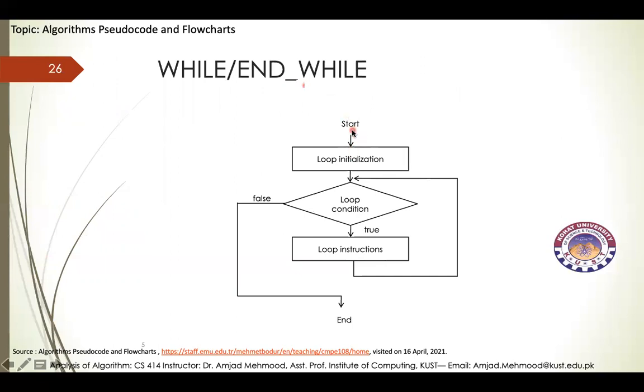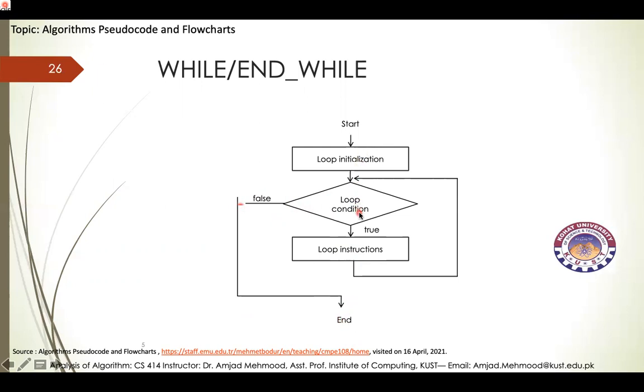You can see that you have start, then initialization. Here is the condition which needs to be true if you want to execute this block, and once this condition gets false, it follows the normal sequence of the program.